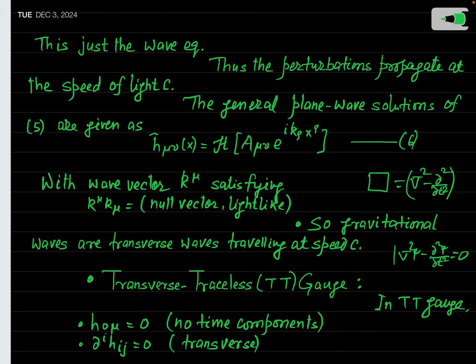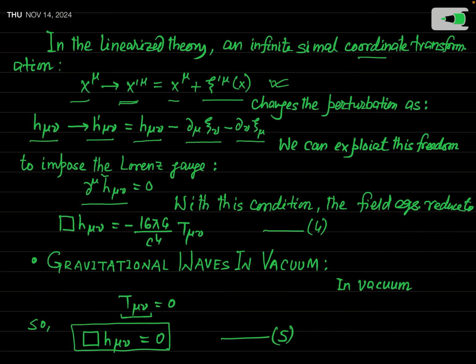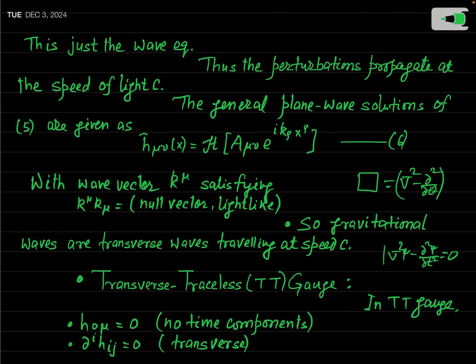So this is simply del square h_μν minus del 2 h_μν by del t square equals 0. And this is just the standard classical wave equation.